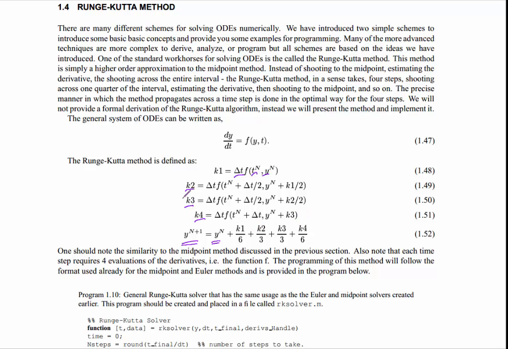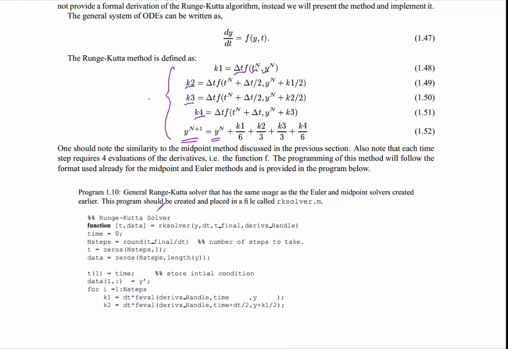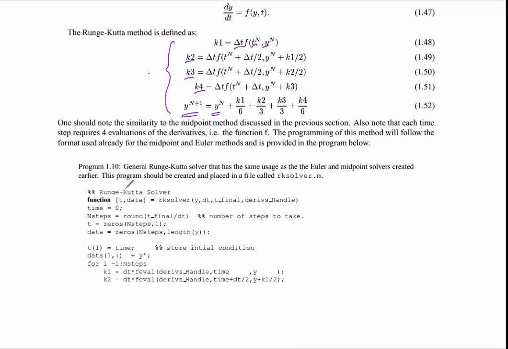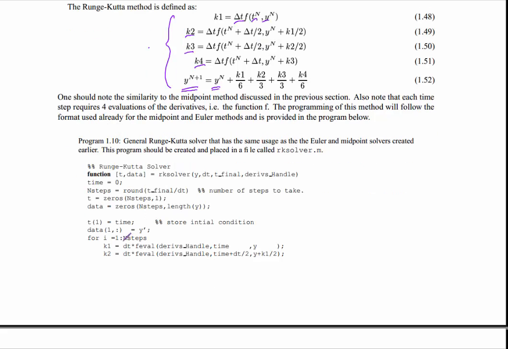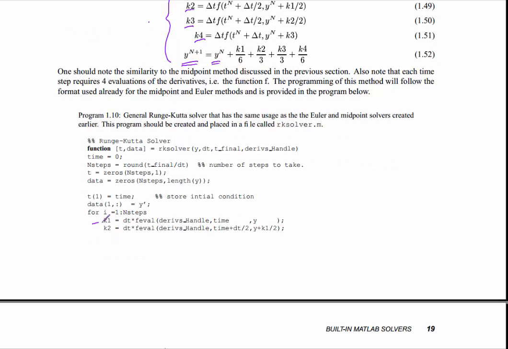To implement this, it's just a matter of doing these equations in MATLAB or Octave. And that's what you have here in this program. Just see how these equations carry over here. The K1, well, all this stuff you should be familiar with.